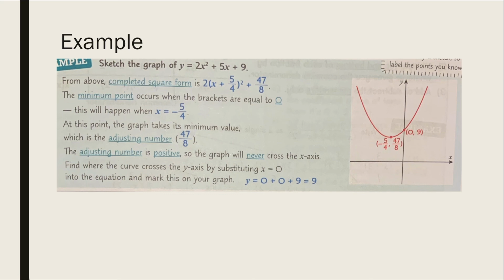Since the adjusting number is positive, the graph will never cross the x-axis. Think of it this way, it'll be a happy graph. So the minimum point will be down, and the parabola would just go up.